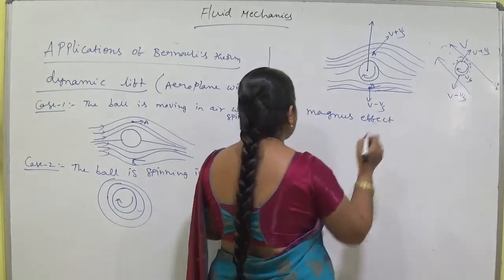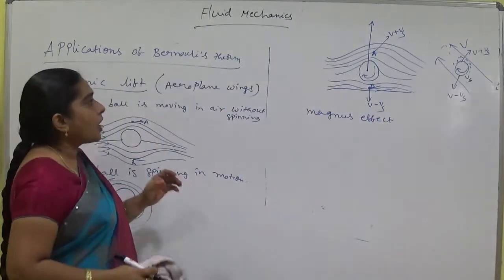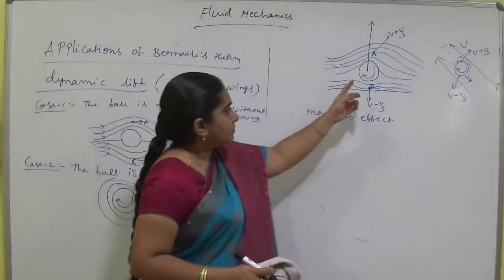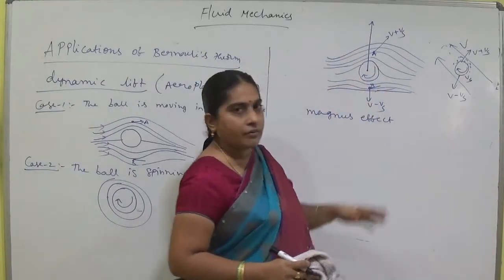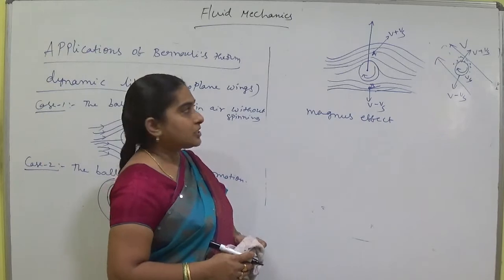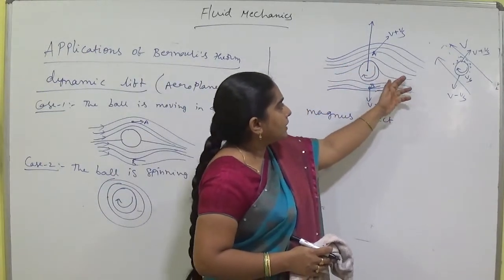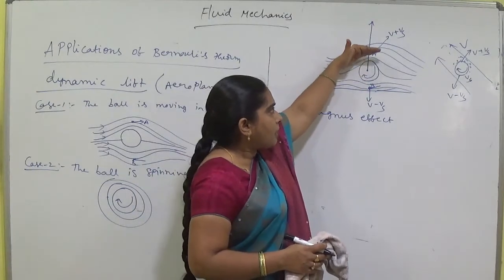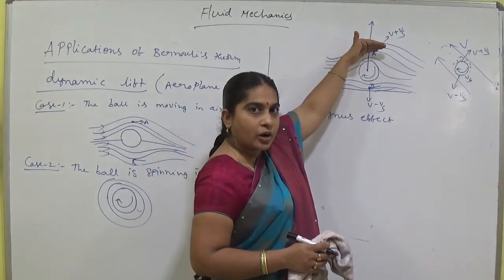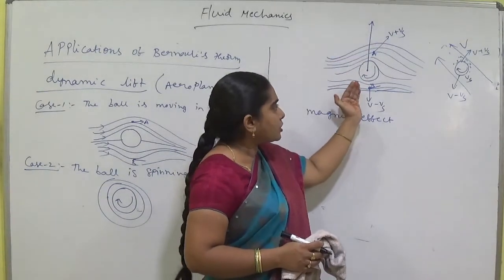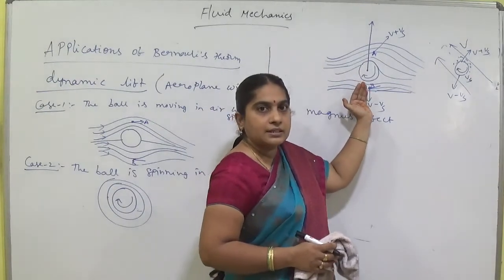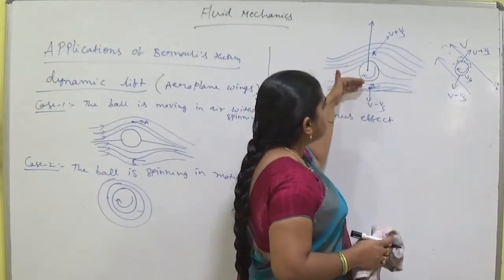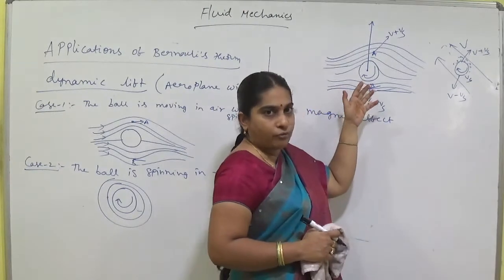Did you understand? The ball is spinning in motion in the anti-clockwise direction. The streamlines around the ball look like this. At the upper portion of the ball the streamlines are crowded together; at the lower portion few streamlines are formed.